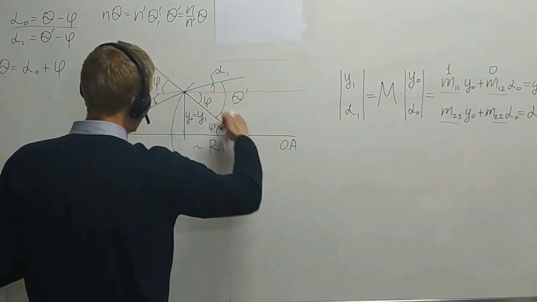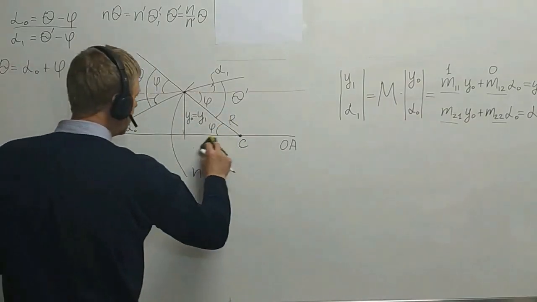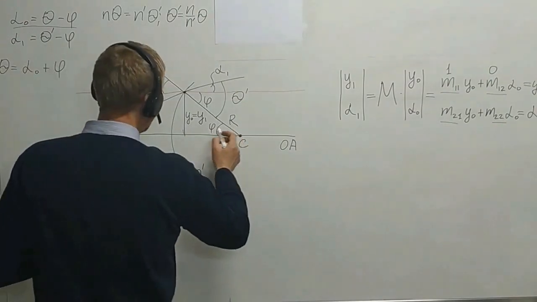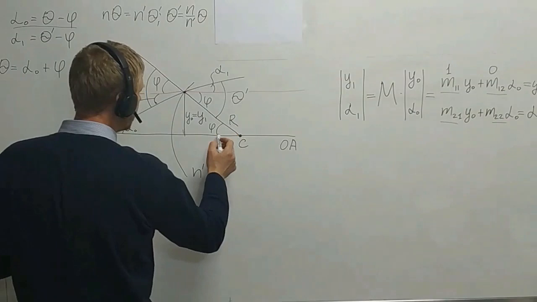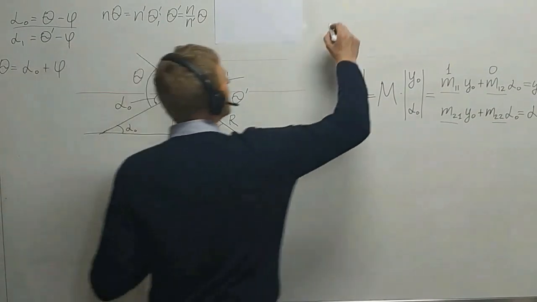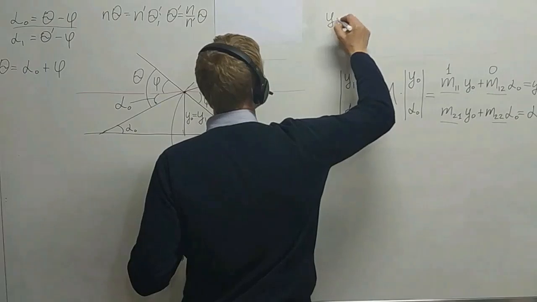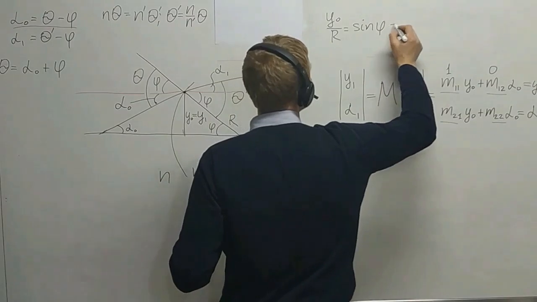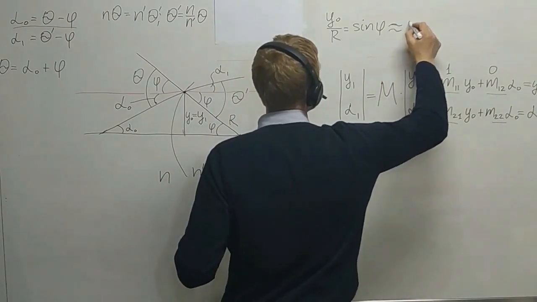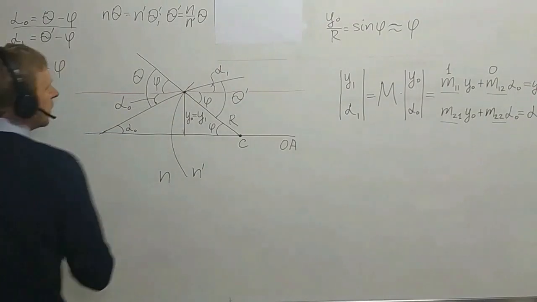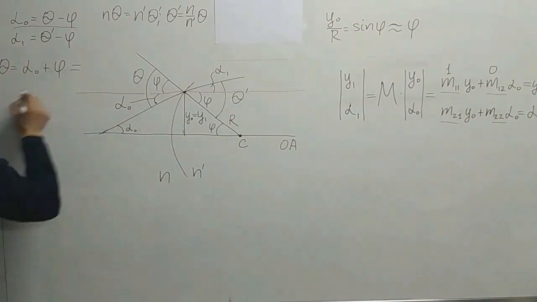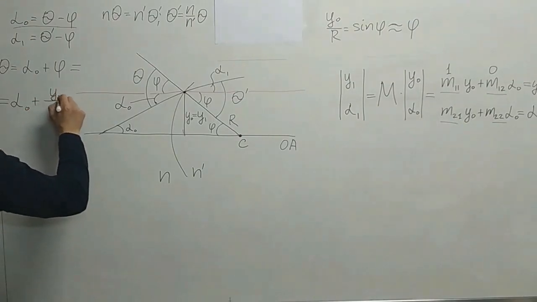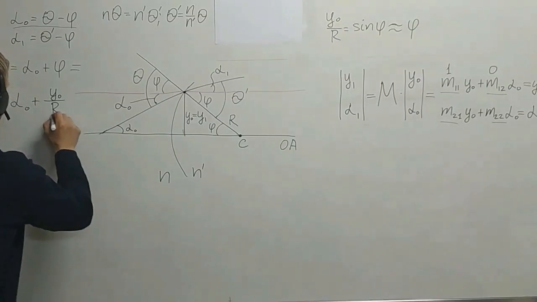Actually, I don't even need this approximation, because I have that y0 over r is equal to sine phi, which is approximately equal to phi. So now I have theta equal to alpha 0 plus y0 divided by r.